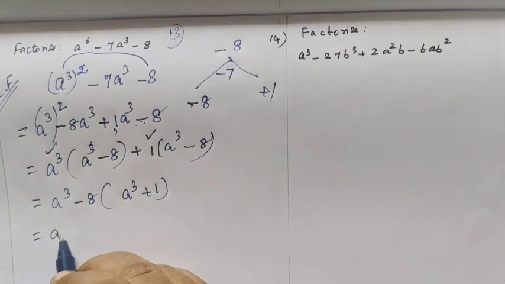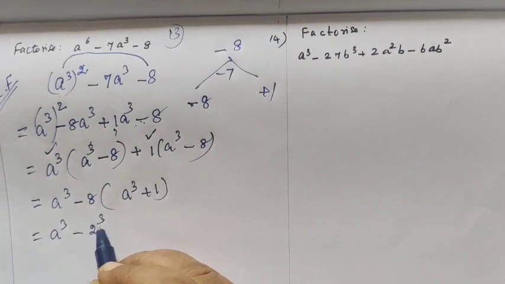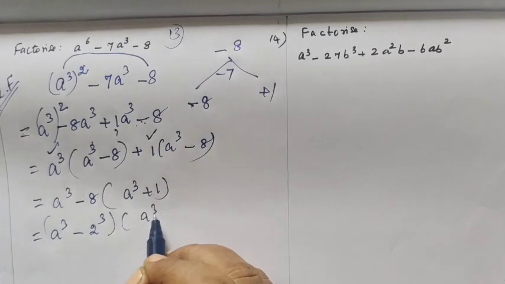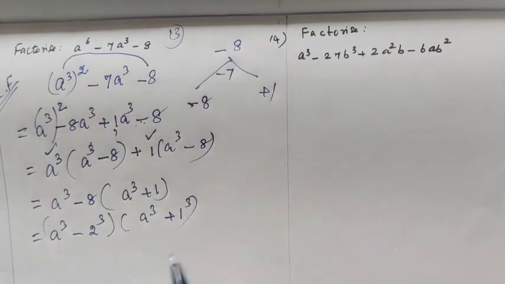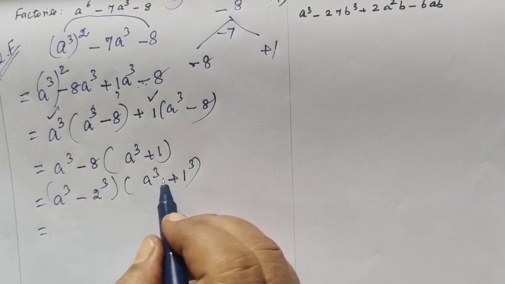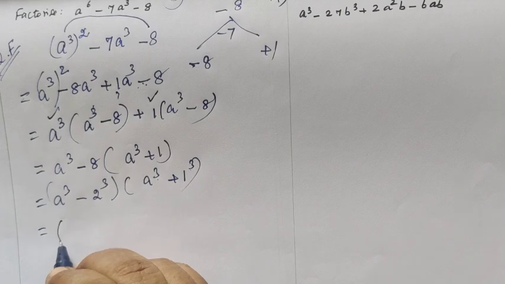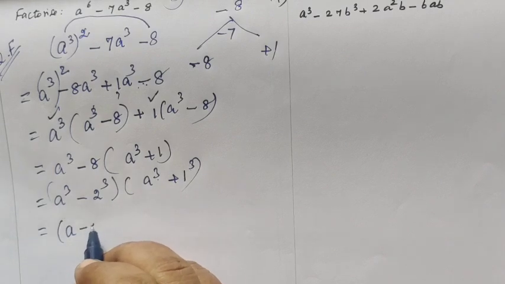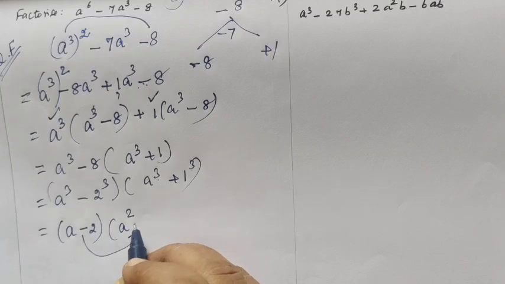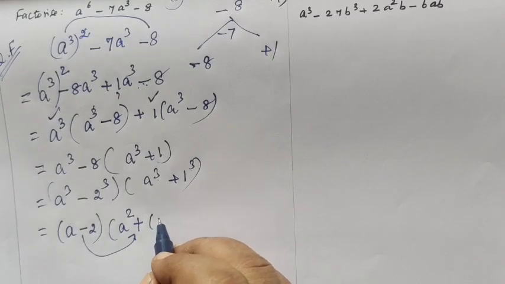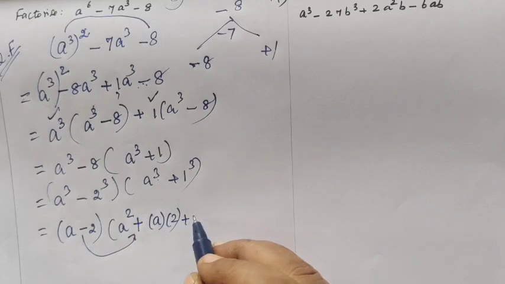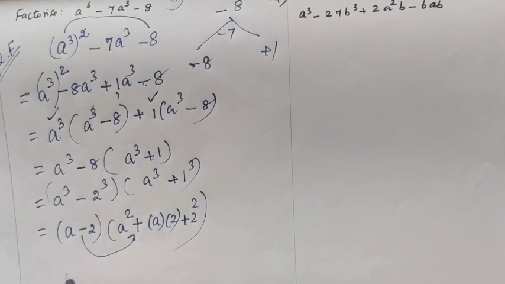And this can be written as a cube minus 2 cube, since 2 into 2 into 2 is 8. Then a cube plus 1 cube. Further, you apply the identities for a cube minus b cube and a cube plus b cube. So a minus b, then a squared, minus means plus, plus ab, then plus b squared.